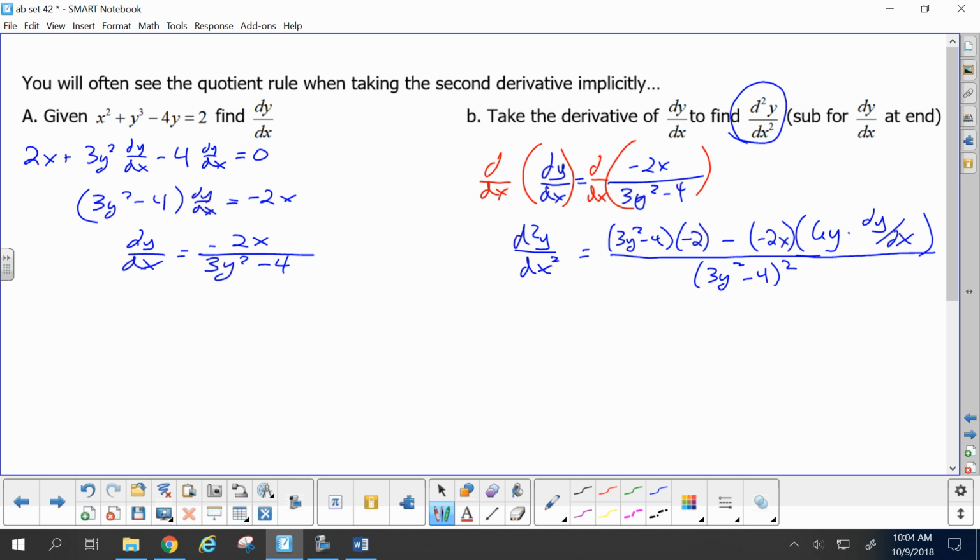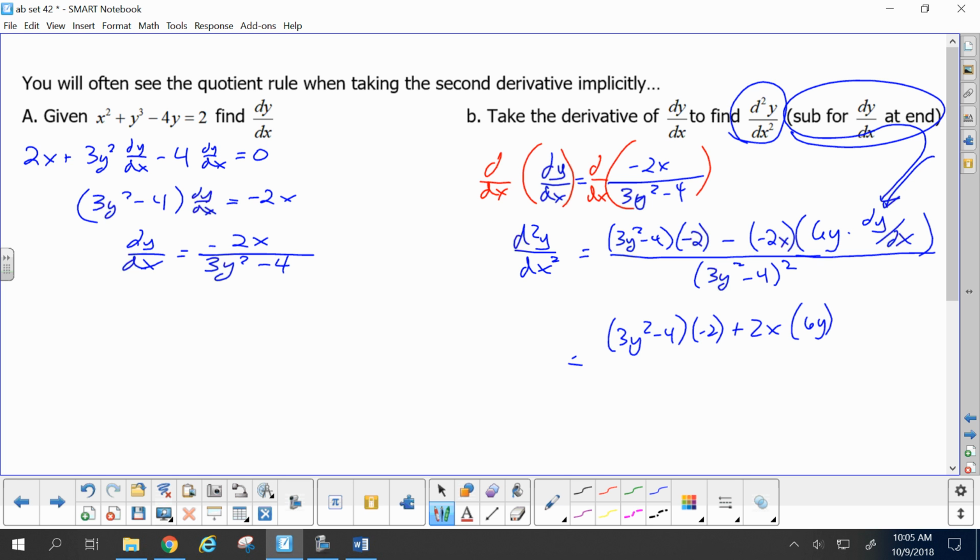Now this then, we have one more step. We're supposed to find the derivative, but in terms of x's and y's. So what's the problem? What do we need to dump? The dy dx. We need to now sub for that, at the end. So we're going to have 3y squared minus 4 times negative 2. I'm going to go with plus 2x if you don't mind.